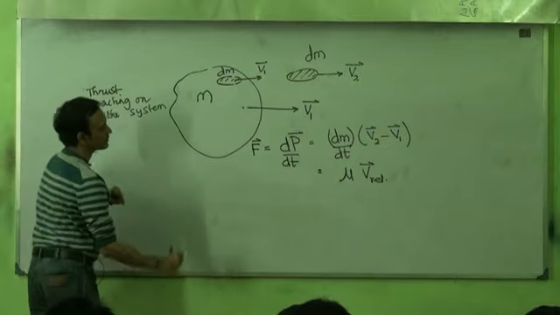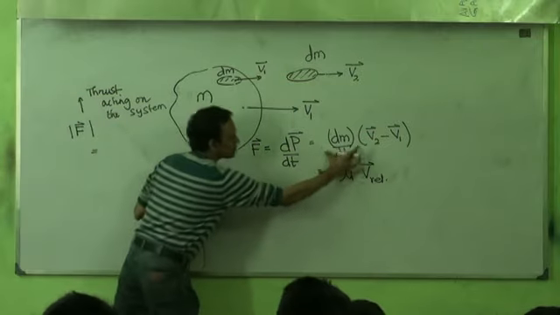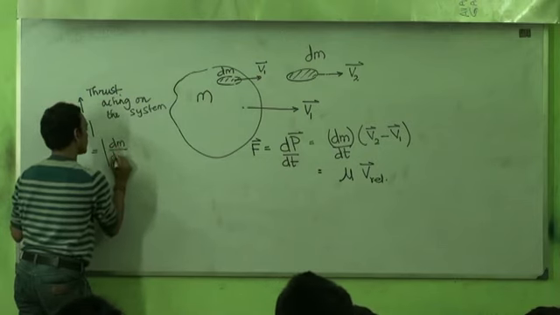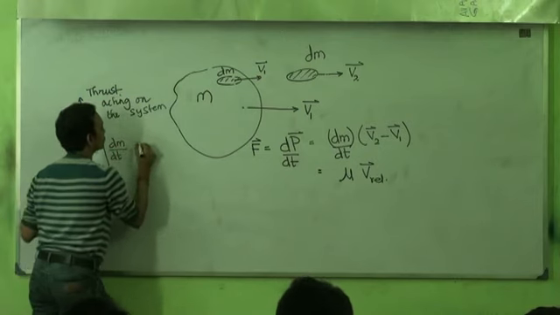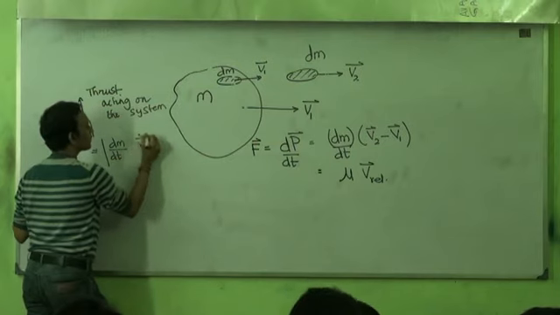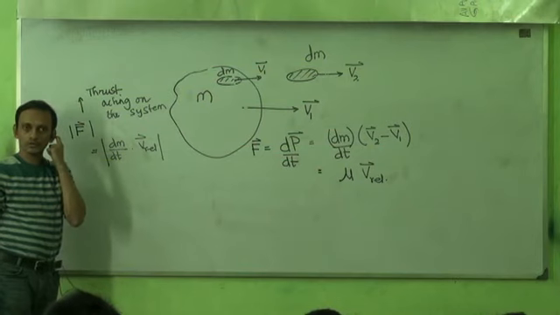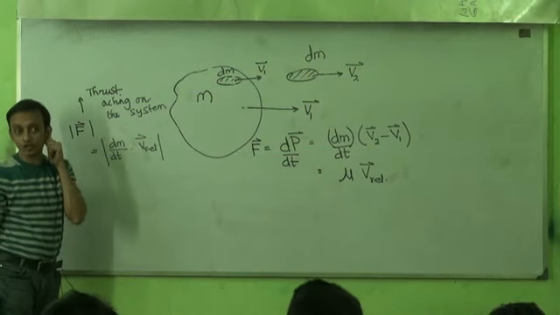That's going to be the magnitude of dm dt into vrel.